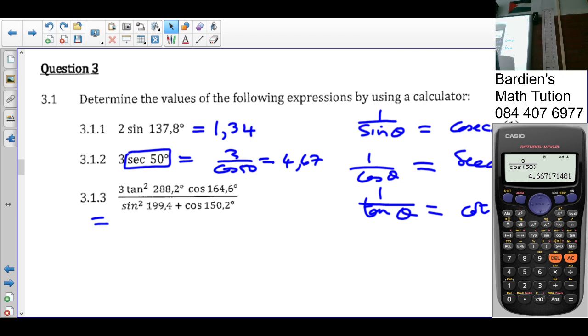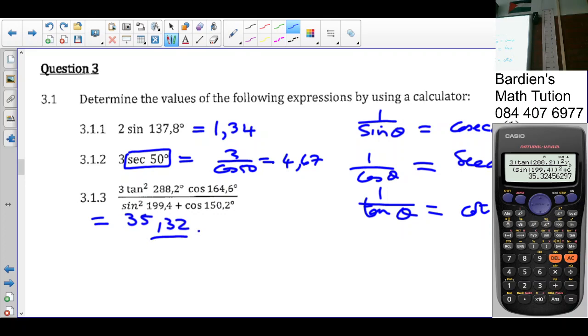So when you punch it in the calculator, we enter 3, open brackets, tan 88.2 squared, times cos 164.6, okay, that's over open bracket sine 199.4 squared plus cos 150.2. Okay, it gives you 35.32.